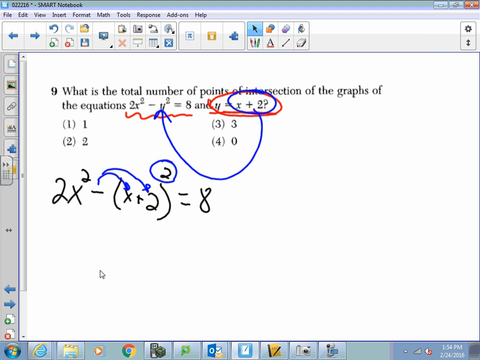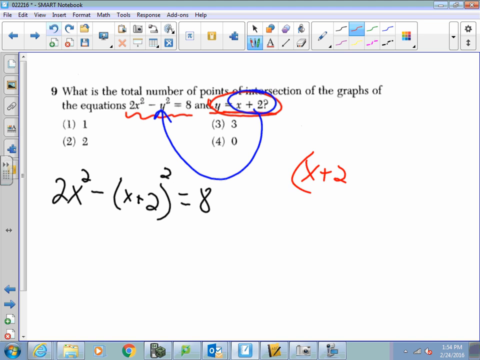Be careful, because really the minus is just being multiplied. So we want to deal with x plus 2 squared. Right, so we're going to have 2x squared, then minus, and all of this in the parentheses is going to end up being x squared plus 4x plus 4.